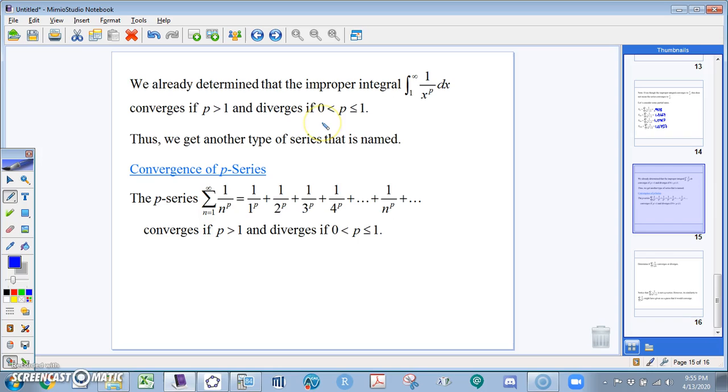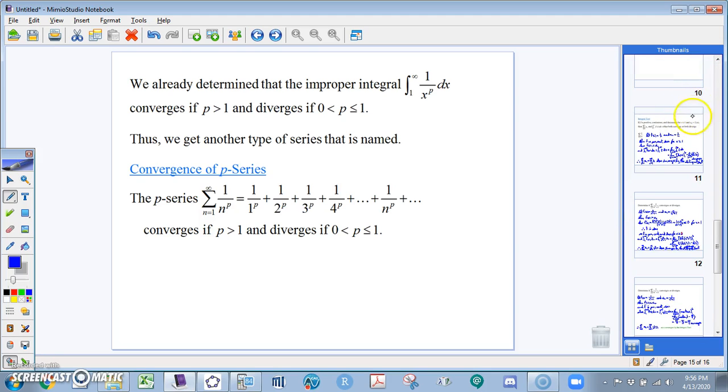So 1 divided by x diverges. And if we have a series that's the exact same thing, except it's given by a sequence on the natural numbers instead of the real numbers, we call that a p-series, and we already know if that converges or diverges. If p is bigger than 1, it converges, and it diverges if p is less than or equal to 1.